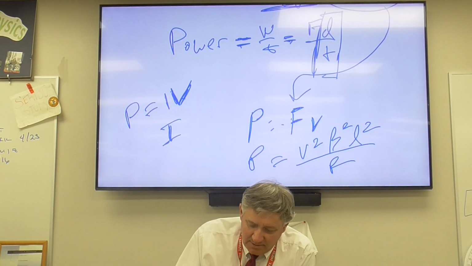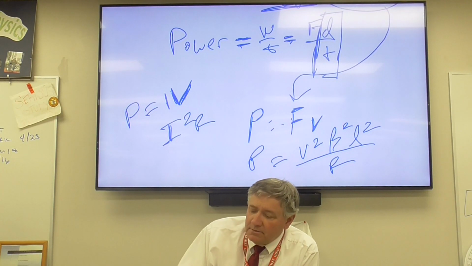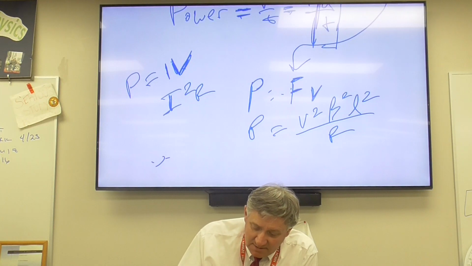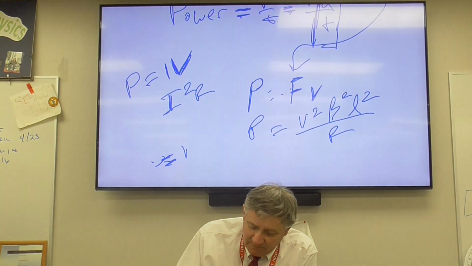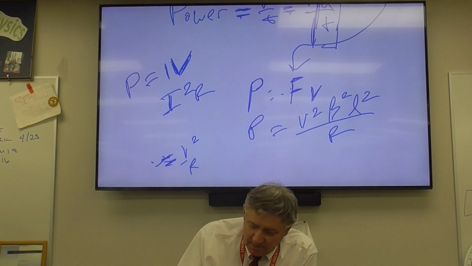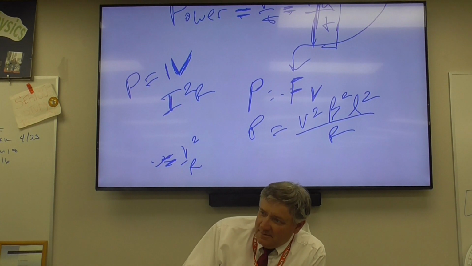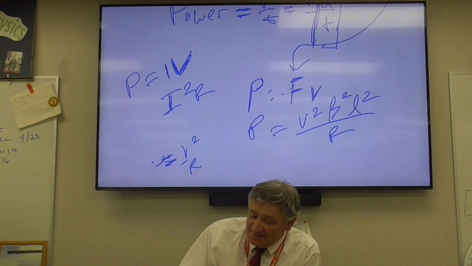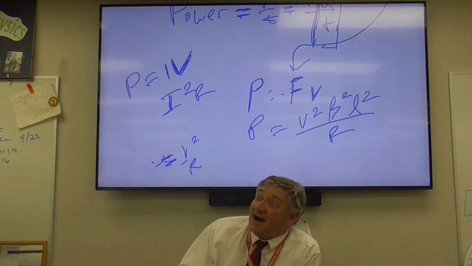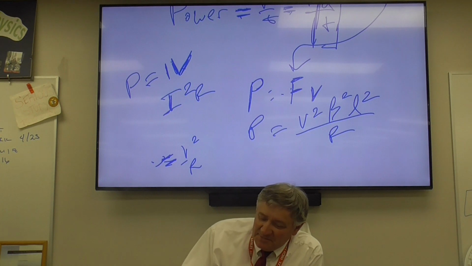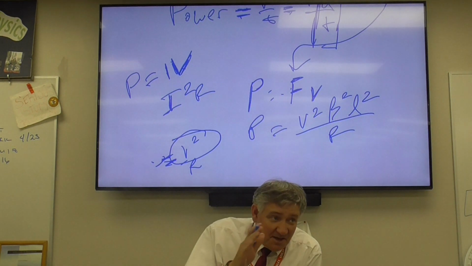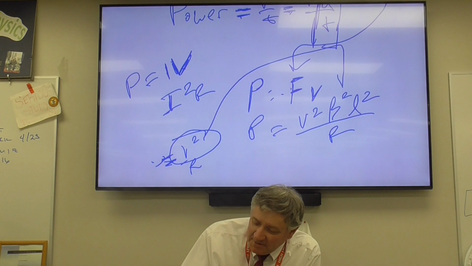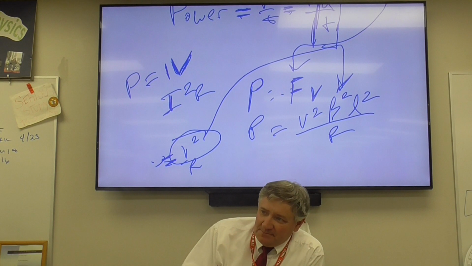Or E squared over R, or you can put it as V squared over R. And V equals VLB. It's the same thing. So if you put in how you calculate voltage, you end up with the exact same thing.